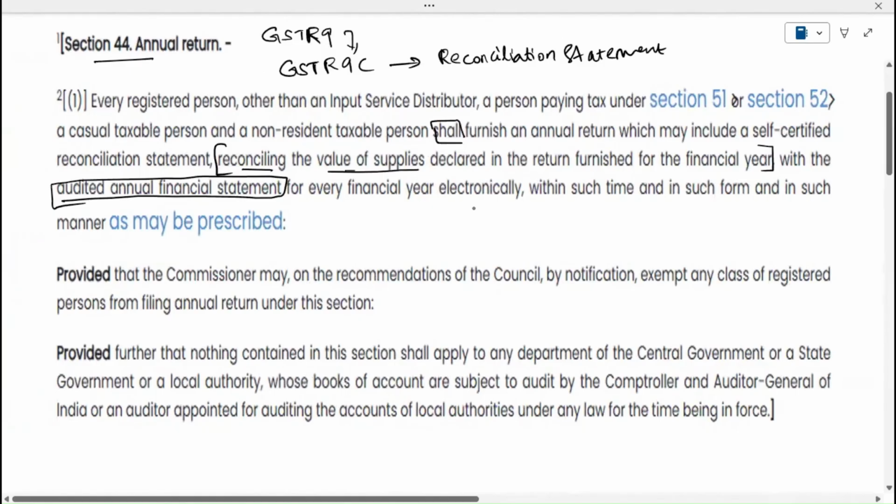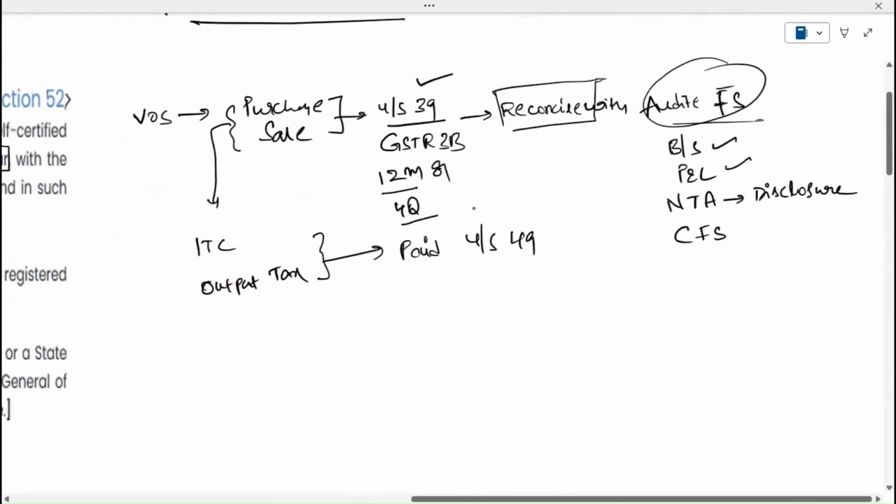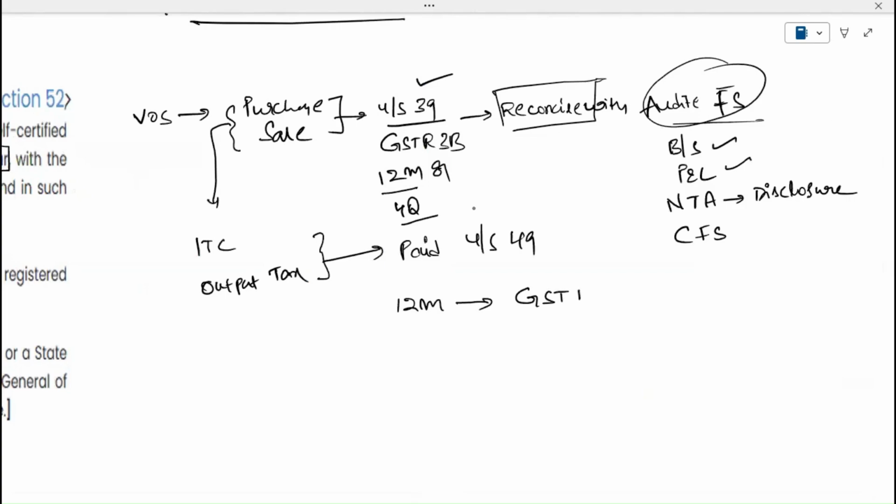So first we understood books of accounts. Then the law says that from your books of accounts, at the end of the year, I travel to understand what all returns you have filed, is it correct or not? Now, assuming for a moment, I call this 12 months data. This 12 months data travels to form GSTR 9. My GSTR 3B becomes an input for GSTR 9.